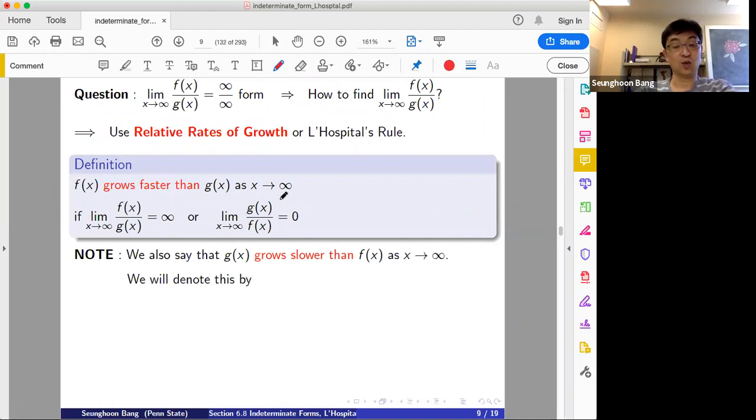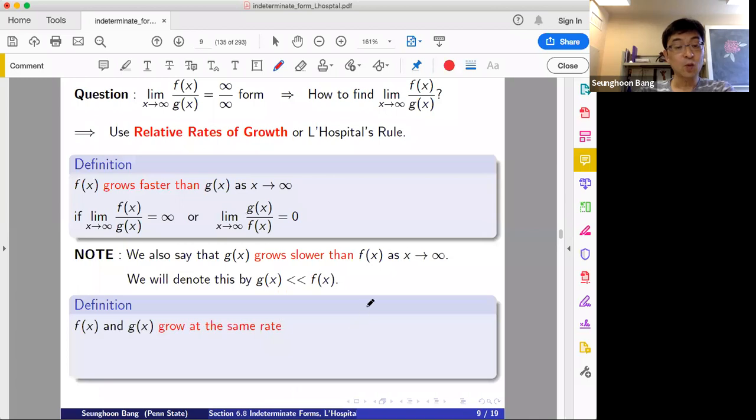We can use this notation. What does it mean? Here, f of x is growing faster than g of x. That's the notation. One more. F of x and g of x grow at the same rate as x approaches infinity. So what's that? This is the definition.